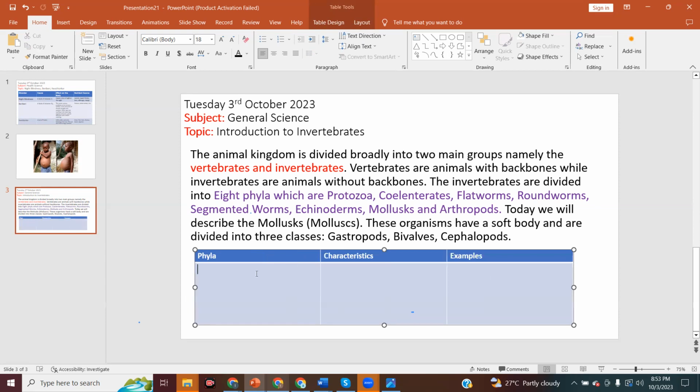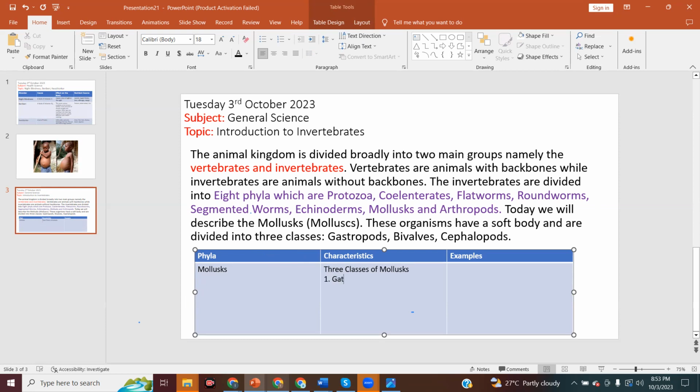So for this one, we're going to talk about the mollusks. That's the phyla. The characteristics, like we say, that have a soft body. There are 3 classes of mollusks, and we're going to describe what they do.